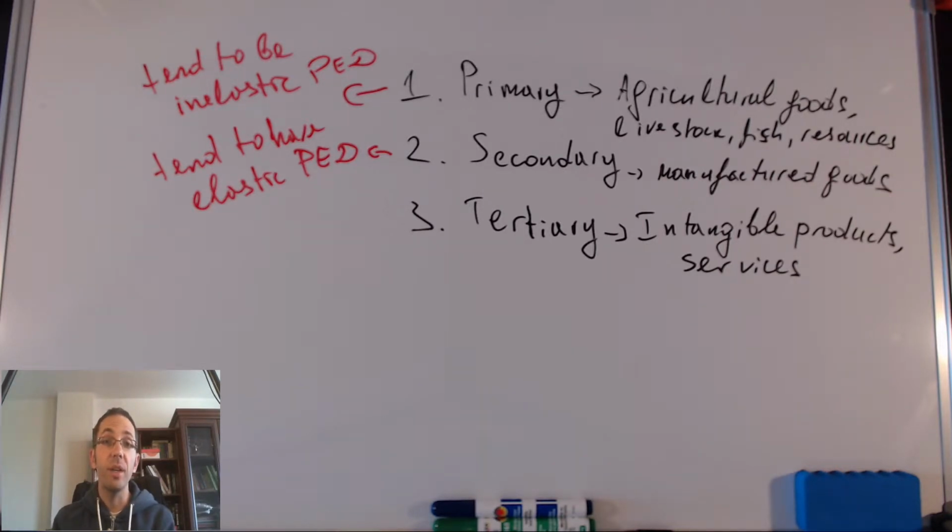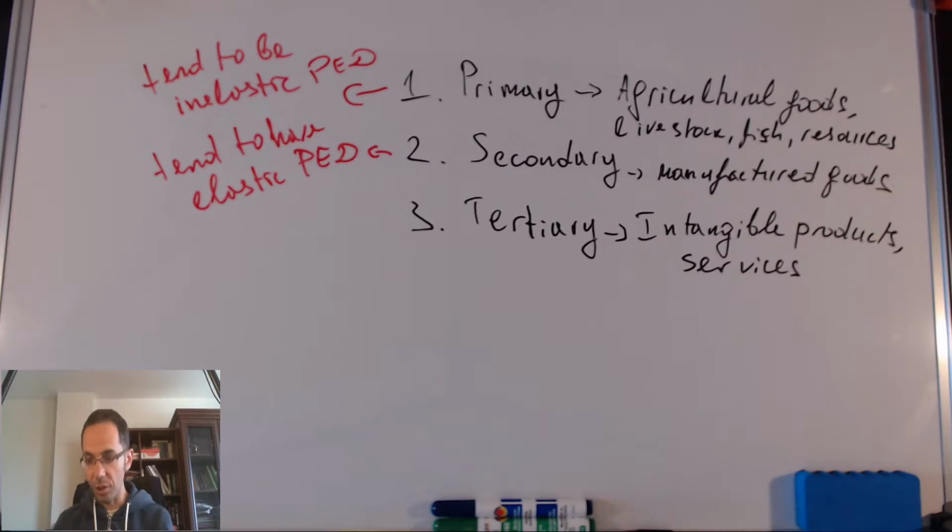So if we remember that one of the determinants of price elasticity of demand was the price as a proportion of income, we generally are going to see that the price as a proportion of income of secondary commodities usually tends to be higher than for primary commodities. And again, I'm saying usually. You can find exemptions to that rule, but if you consider, let's say, a car and buying a kilogram of apples, the car is clearly the expensive item.